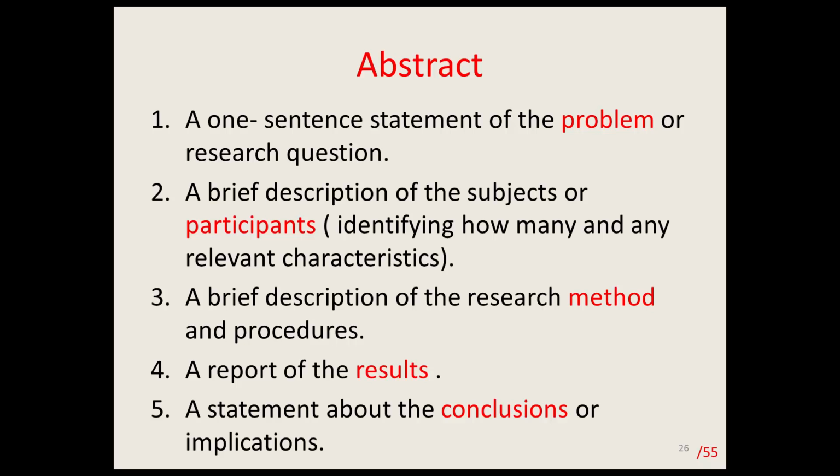The abstract typically includes 5 things: the statement of the problem, the participants, the methodology used, the results, and the conclusion. Of course, depending on what journal you publish in, you have different limitations in the number of words that you can use in your abstract.